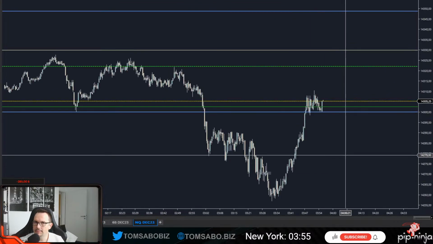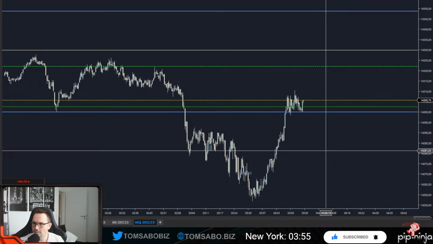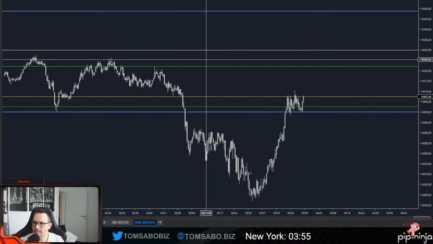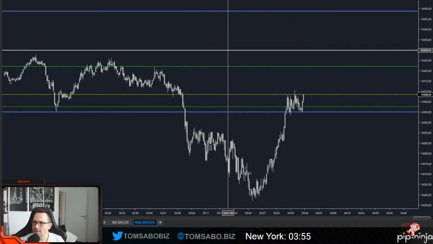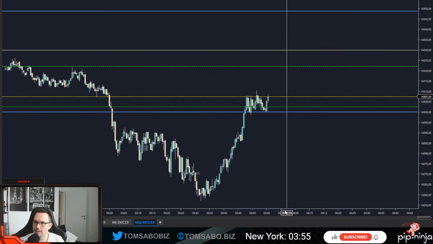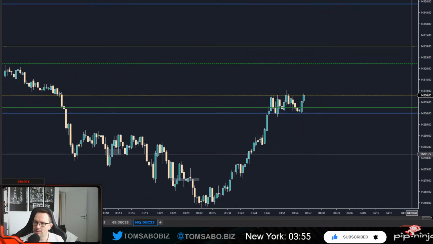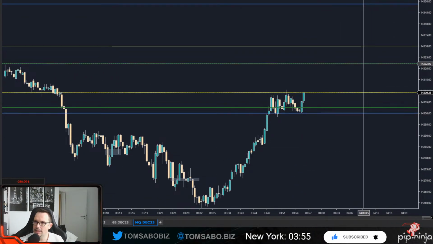Gold is not moving. Yeah, I think it wants to go for the 330 level maybe, but I still need to see a strong displacement to enter. This is midnight open.